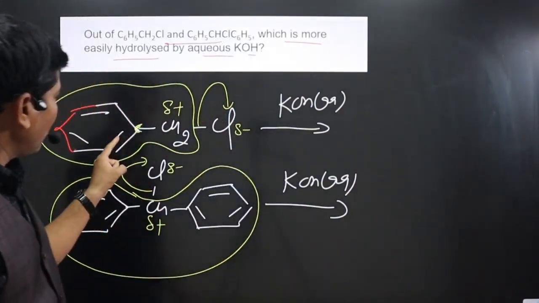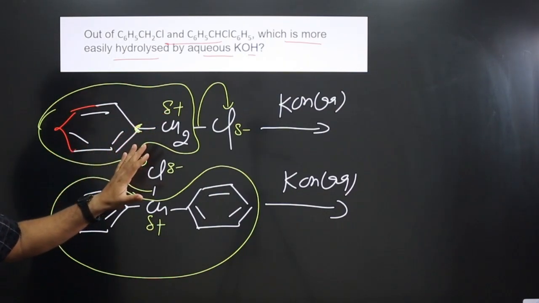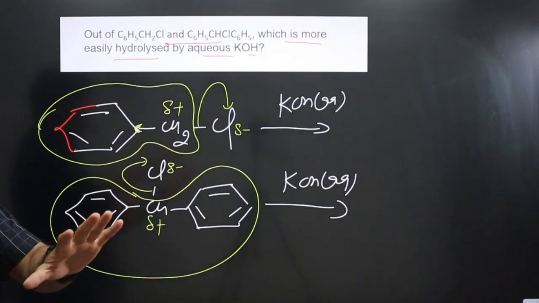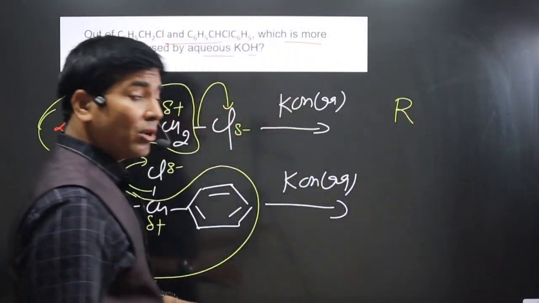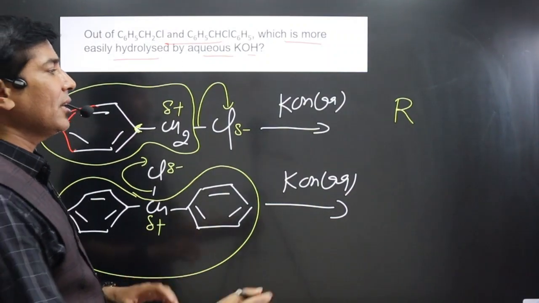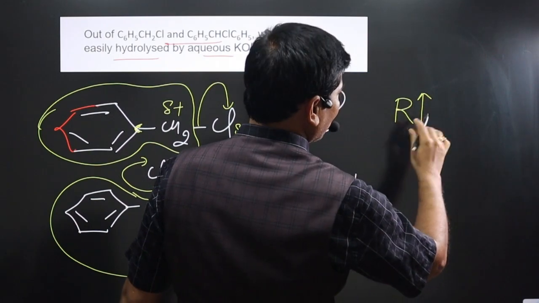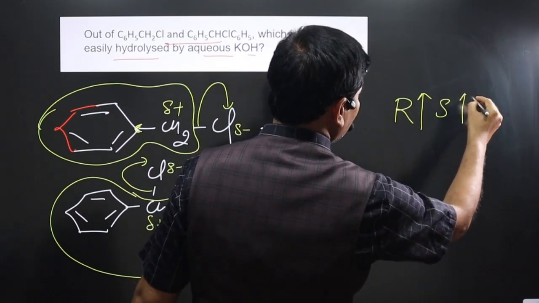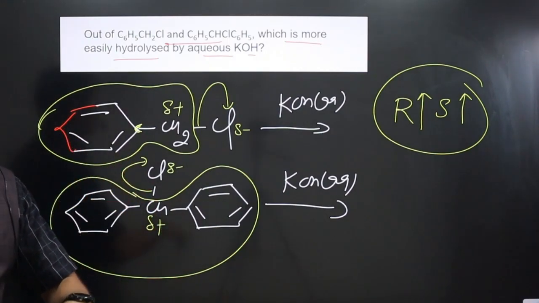When the conjugated system is there, resonance is there, and higher the resonance, higher is the stability. Based on resonance we are going to find out the stability order.